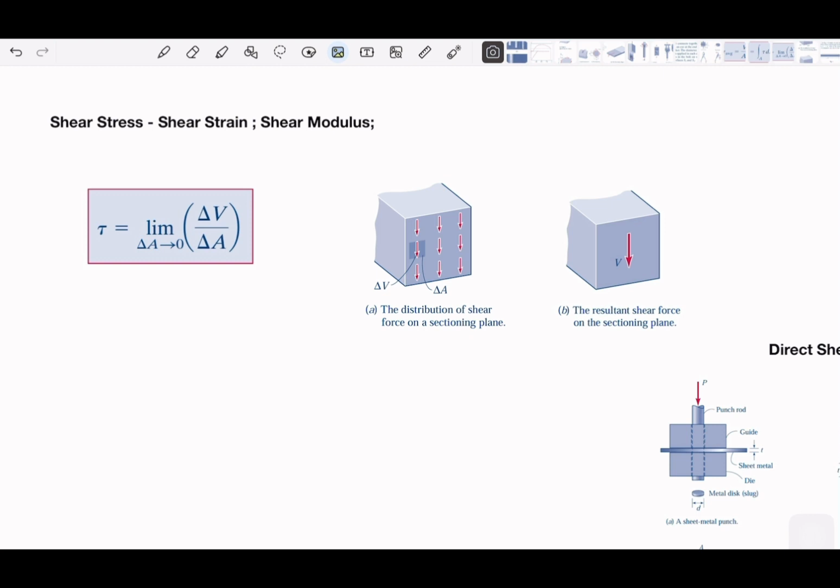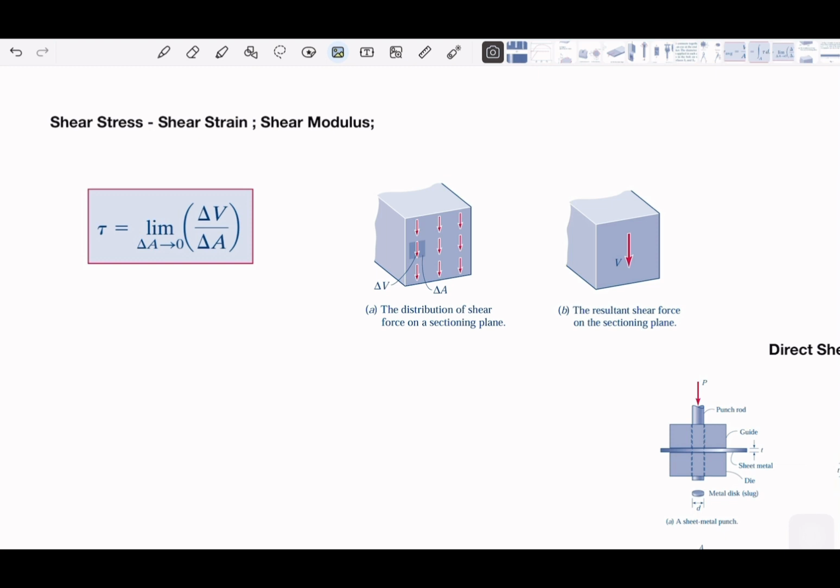And every part of the material is going to have the same, or rather a distributed, shear stress. Just like the axial stress, it has distributions, the material also has distributions. And for each element, since we are talking about small elements, it is intuitively clear that we are going to need this limit.